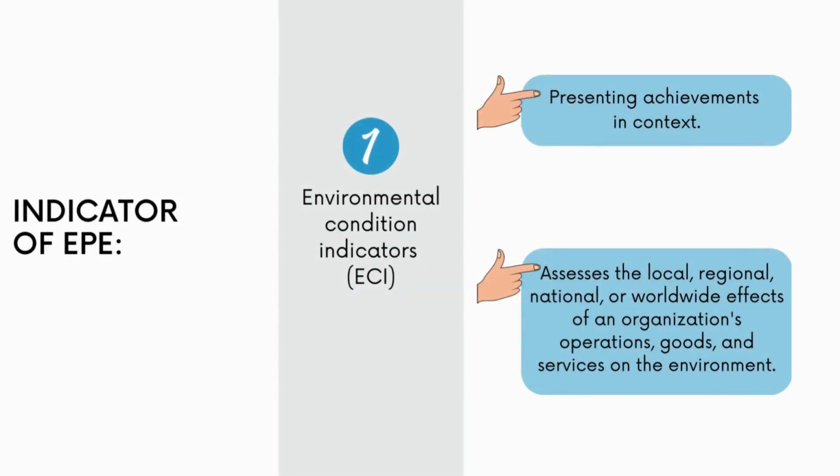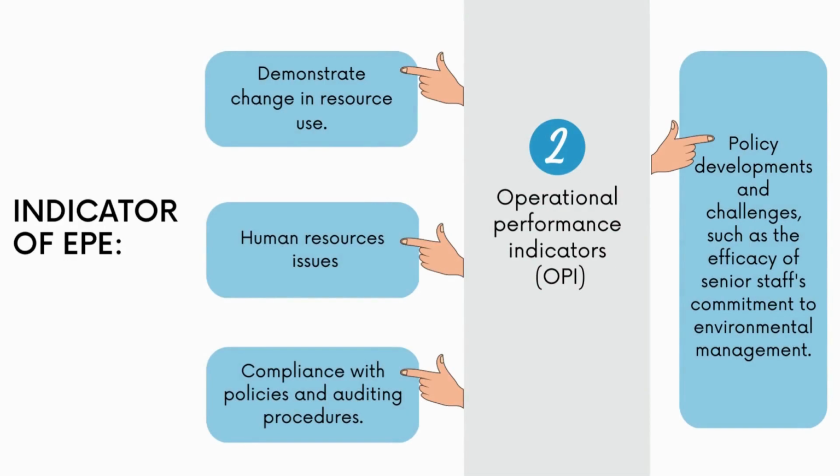The ECI is presenting achievements in context. Also, it assesses the local, regional, national, or worldwide effects of an organization's operations, goods, and services on the environment. The OPI is to demonstrate change in resource use, human resources issues, compliance with policies and auditing procedures, policy developments and challenges, such as the efficacy of senior staff's commitment to environmental management.